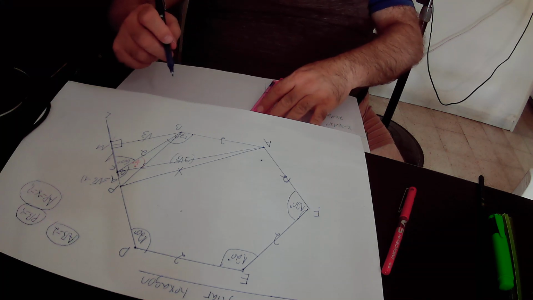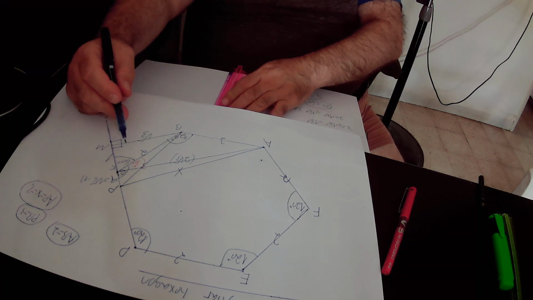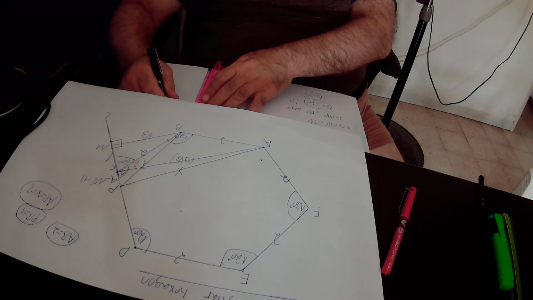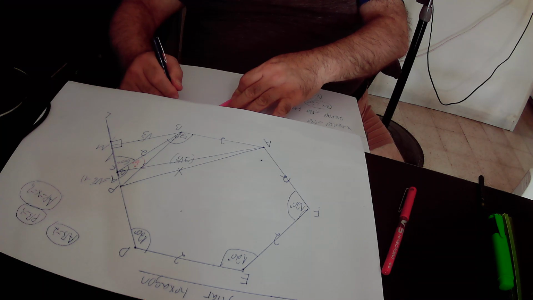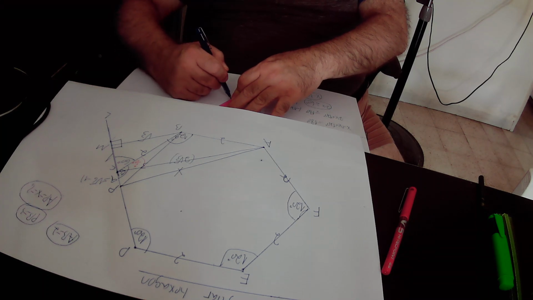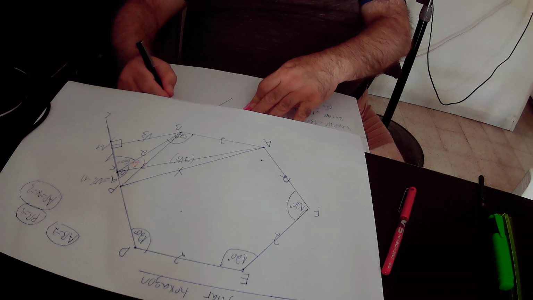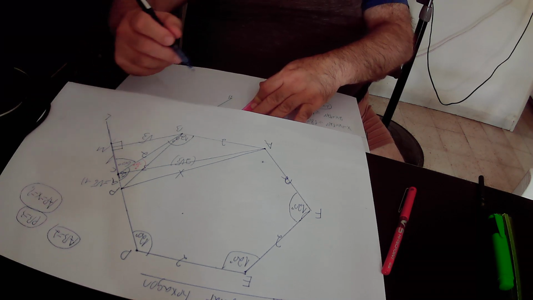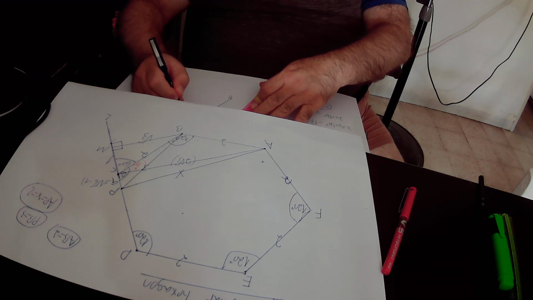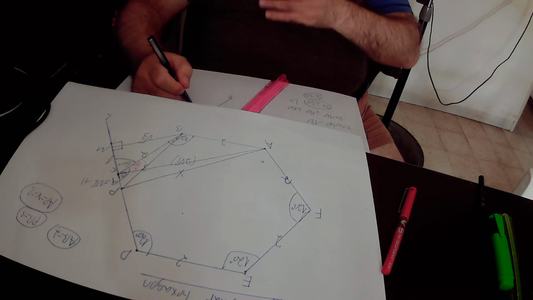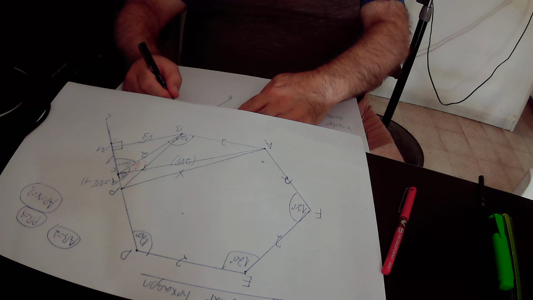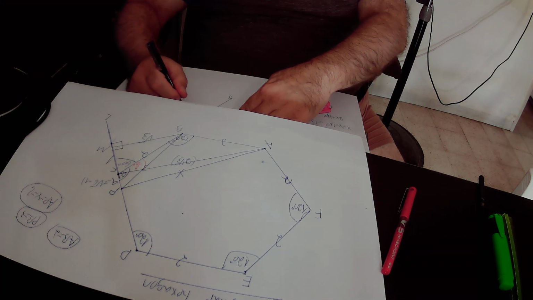First of all, angle PCB equals 120 degrees. Angle ACB equals 30 degrees.